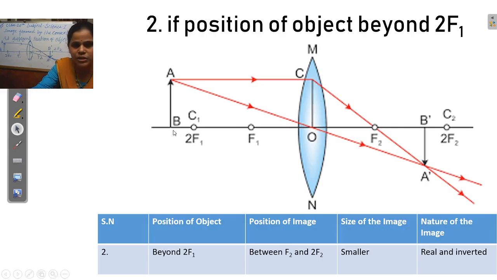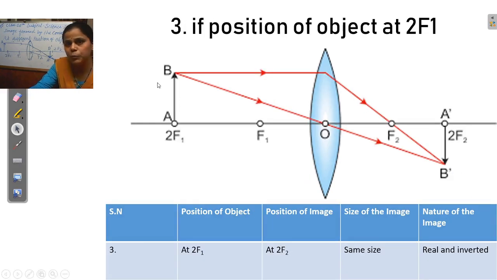The next condition is when the object is at 2f1. Just draw here 2f1, and the object AB at 2f1. Follow the first condition's rule. The light ray parallel to the principal axis passes through the focus, and the ray through the optical center O continues straight.